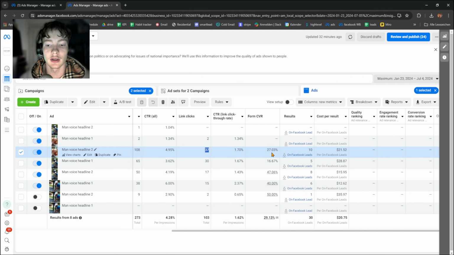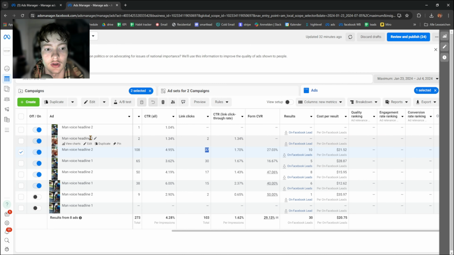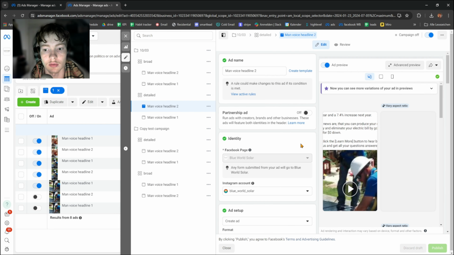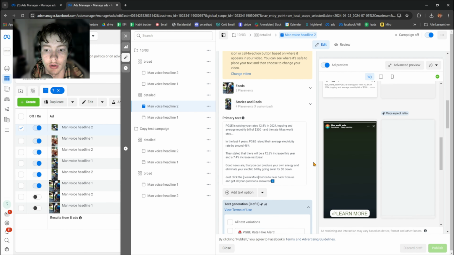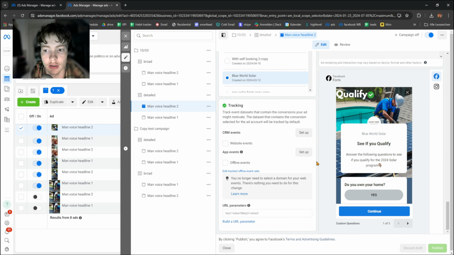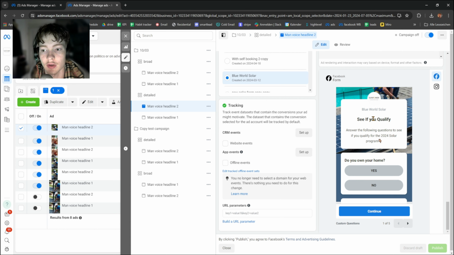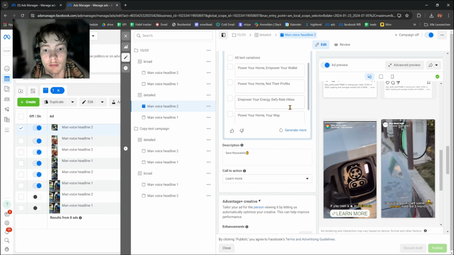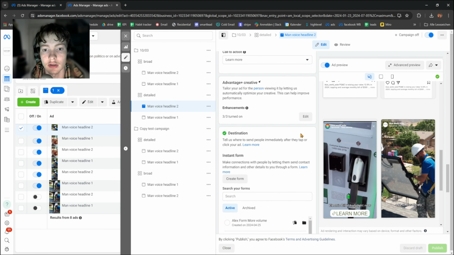So if this rate is very low, then you know that something's wrong with your form. Maybe when you go in here and take a look at your form, the picture is wrong or doesn't work, or you have a headline here and maybe something's wrong with that. Just a quick tip, you want to match the headline that you have in here.